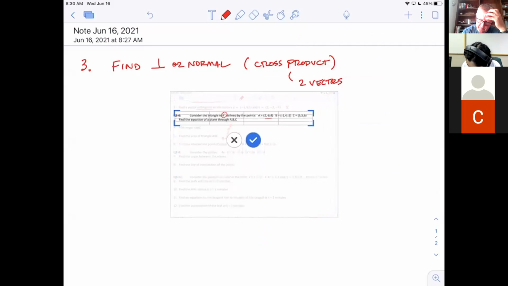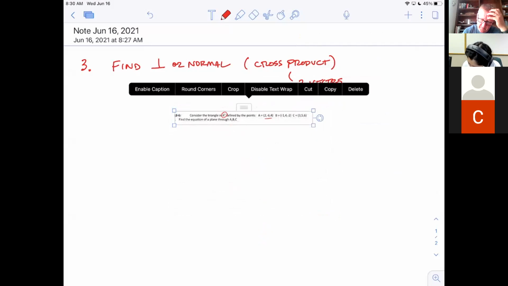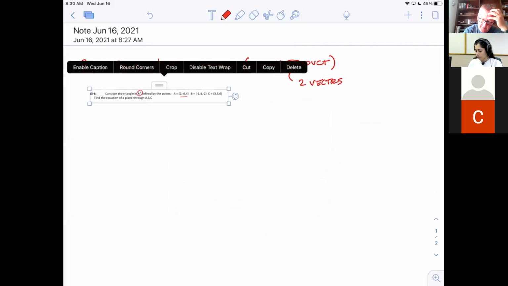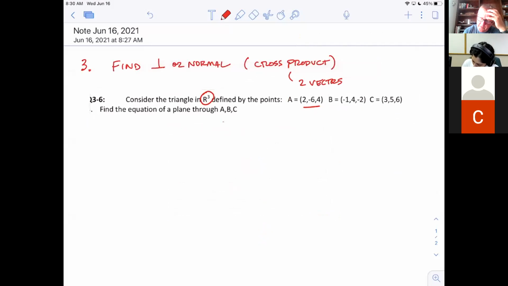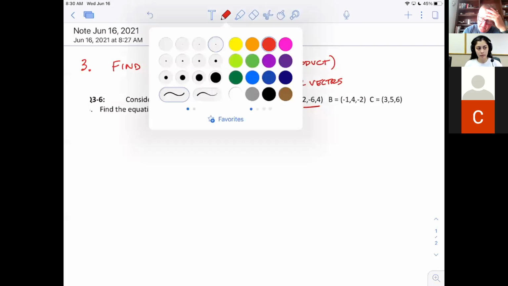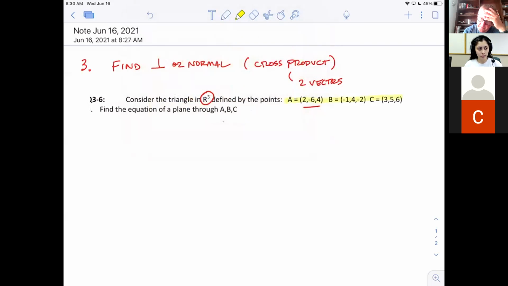2 vectors in the plane that you want to be orthogonal to. And take a cross product of them. Yeah, that's exactly right. And notice I have 3 points in which to do that. So for instance, I want to find vector AB, from A to B. So it starts at A and goes toward B. You may remember that that is found by taking B and then subtracting A from it.